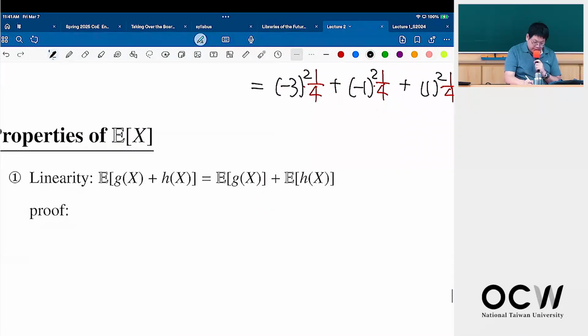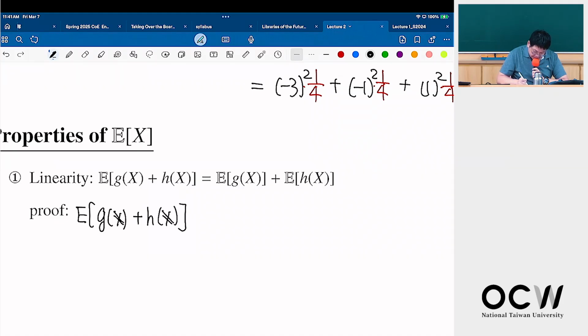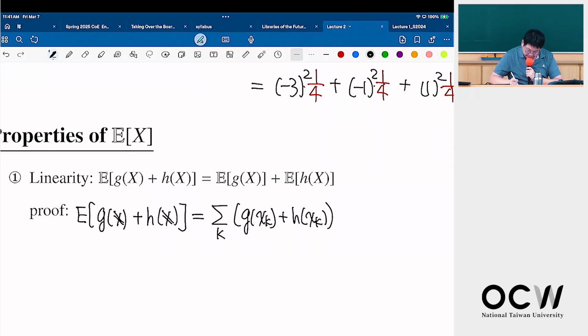Because by the definition, the expectation of g(x) plus h(x) means consider all possible function of outcomes, here my outcomes will be the g and h functions, times their corresponding weightings. Since they are functions of the random variable x, their weighting will be just the PMF of x.